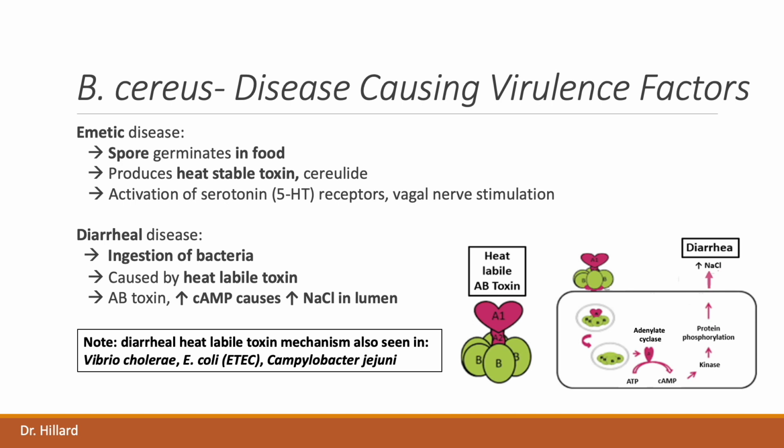The diarrheal form of the disease typically results from ingestion of Bacillus cereus bacteria, which create an AB toxin that induces diarrhea in the bowel by increasing chloride secretion and decreasing sodium reabsorption, essentially increasing the amount of salt in the lumen. Water then osmotically follows the salt into the lumen, causing diarrhea.